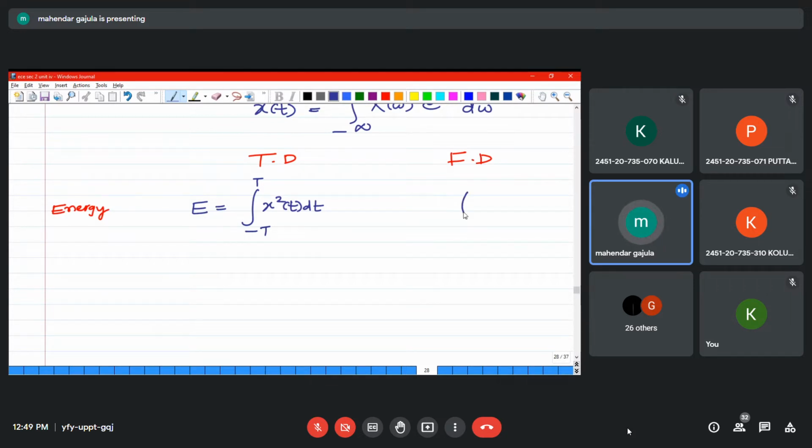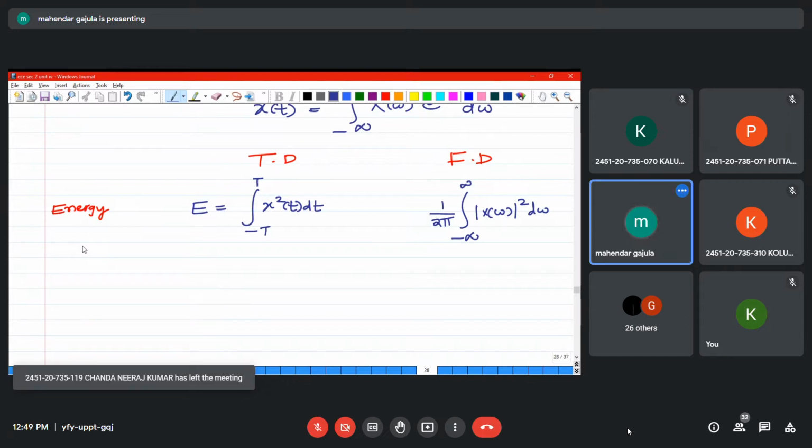In the frequency domain, we have to integrate the square of the signal. Here, what is the signal in frequency domain? X(omega) is the signal. So it is 1 by 2 pi times the integral from minus infinity to plus infinity of mod X(omega) square d omega. I wrote mod X(omega) because after converting the time domain into frequency domain, the frequency domain consists of complex values, that is x plus or minus jy.